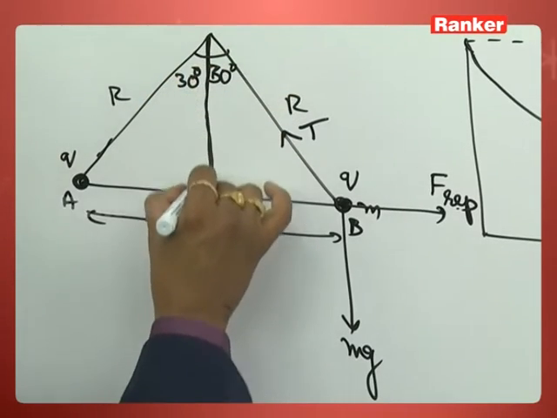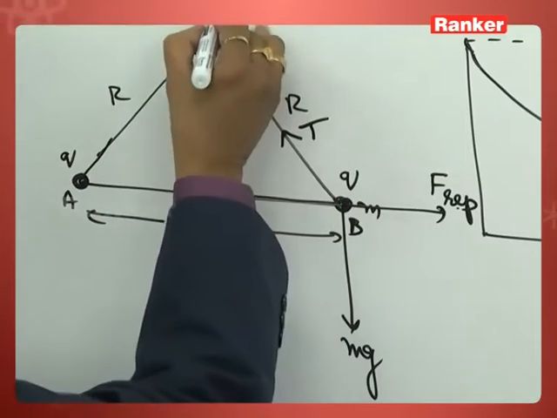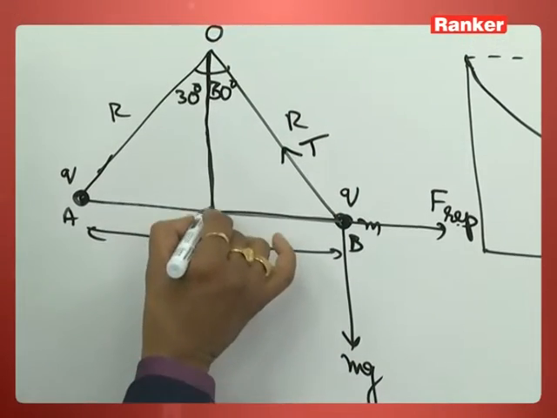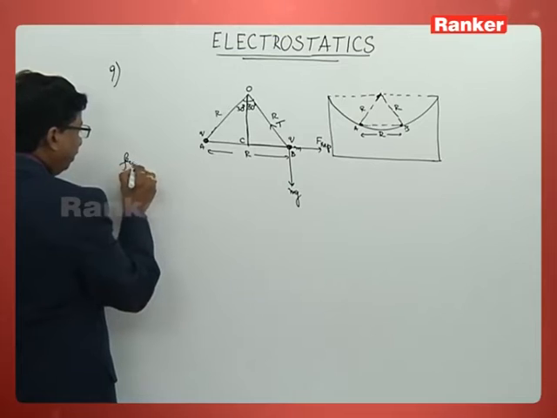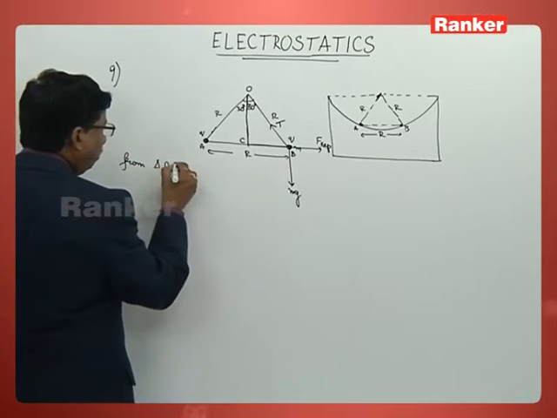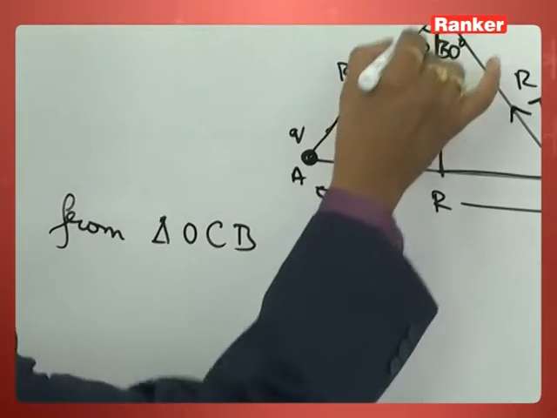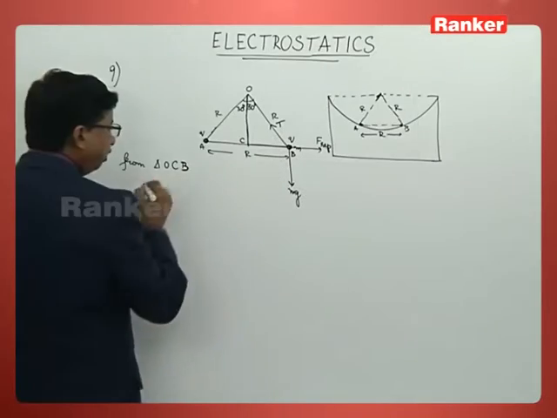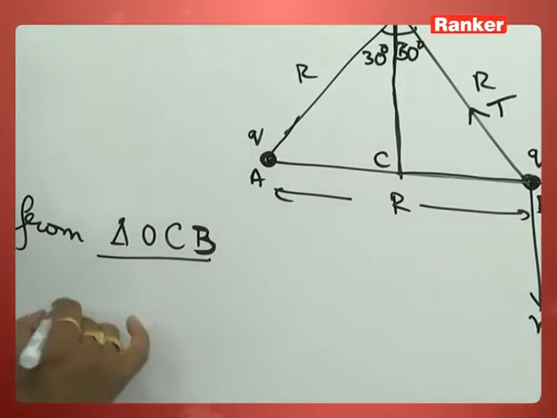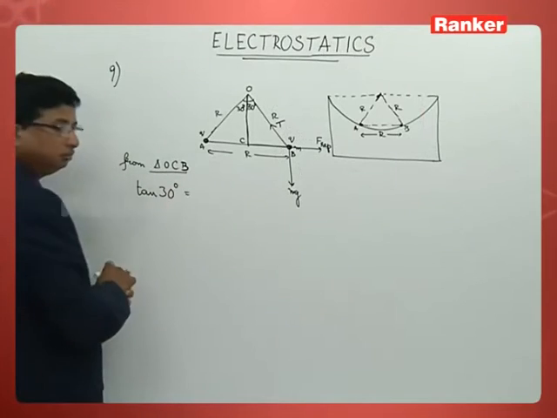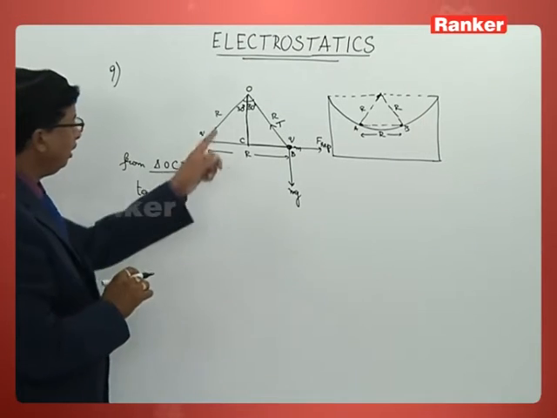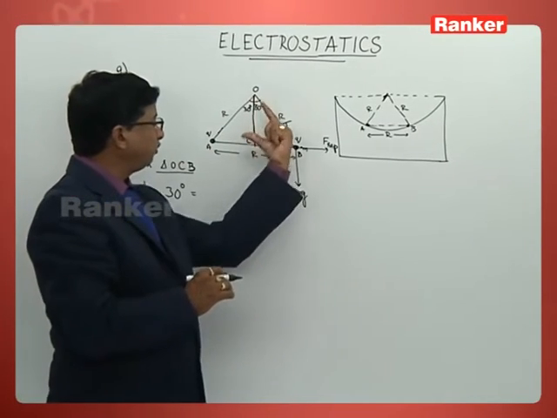Come on, just look at this triangle carefully. I take this point as O and this point as C. I take from the triangle OCB, OCB I am talking of. What will be tan of 30 degrees? You can all understand opposite by adjacent.